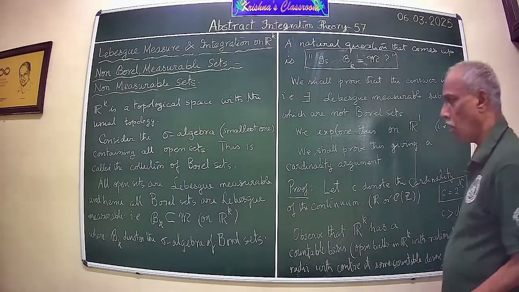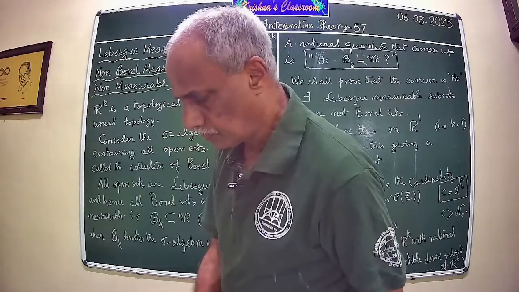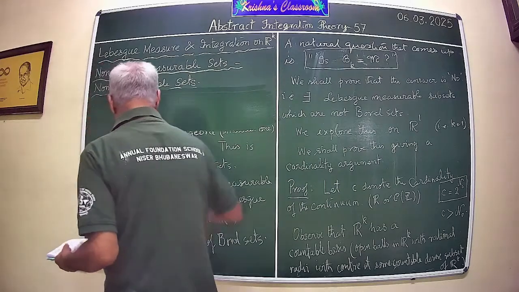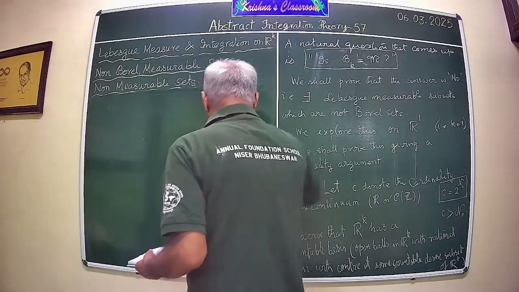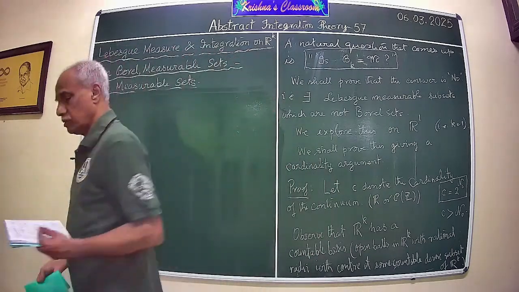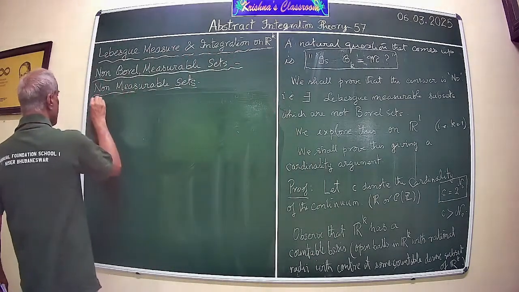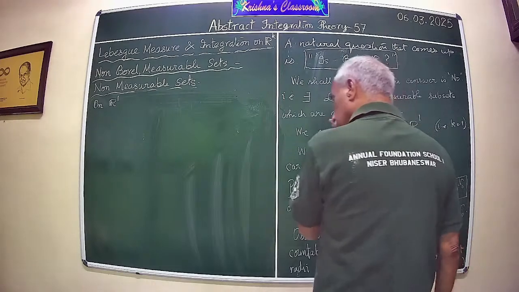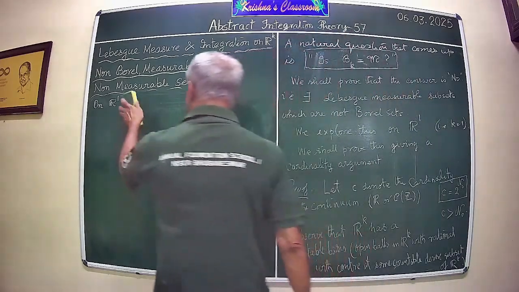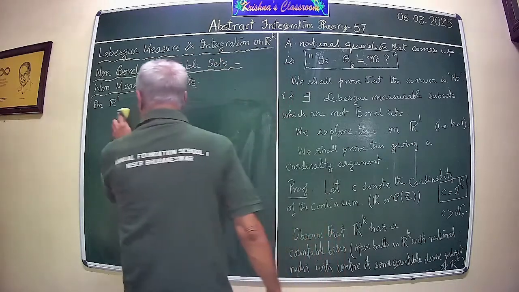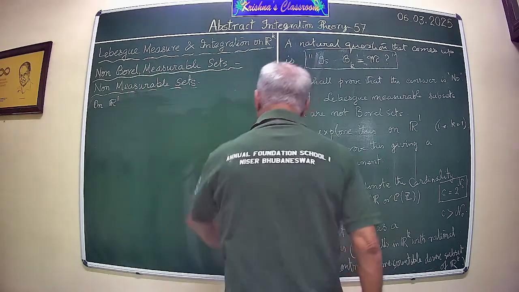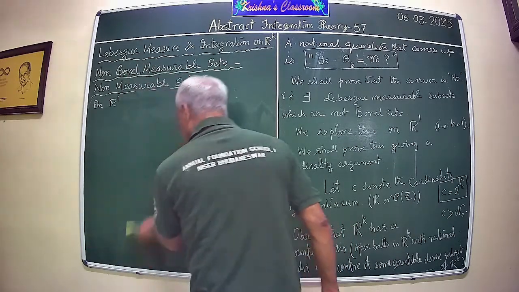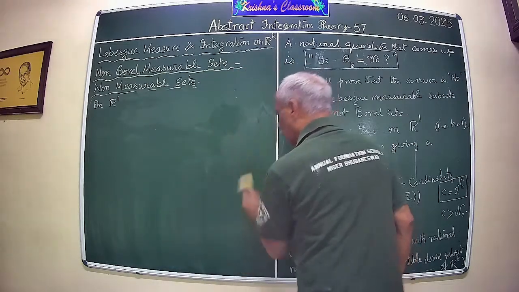For instance, on R or R1, it is the set of all open intervals with center at rational points, I mean, that's one example, rational points with radius rational.